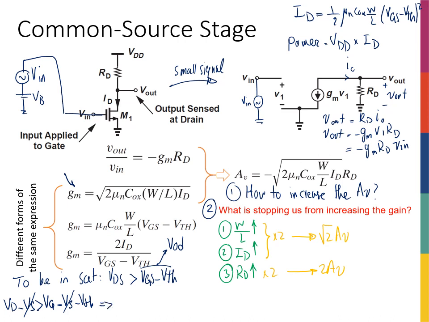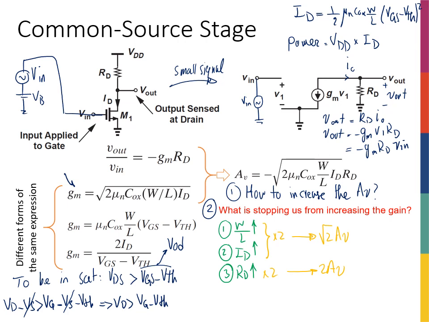So basically, it tells you that your VD should be greater than VG minus VTH. Now, assuming that my gate is connected to a DC voltage, by the way, all of this, checking the transistor being in saturation, is a DC discussion, right? So the DC voltage at the gate is the bias voltage. So that's constant, and threshold is constant. So all I have to make sure is that my VD is greater than this constant value.